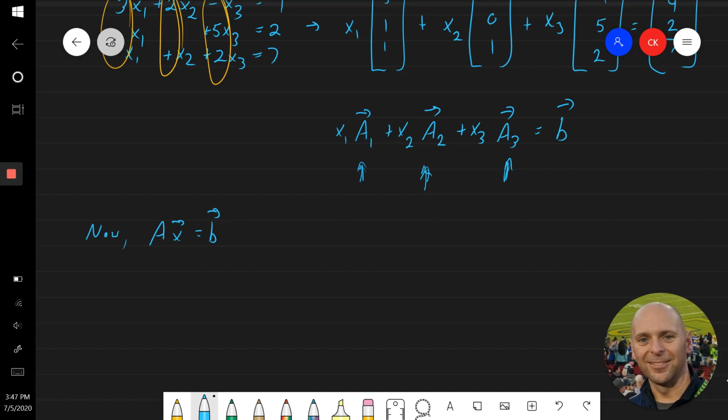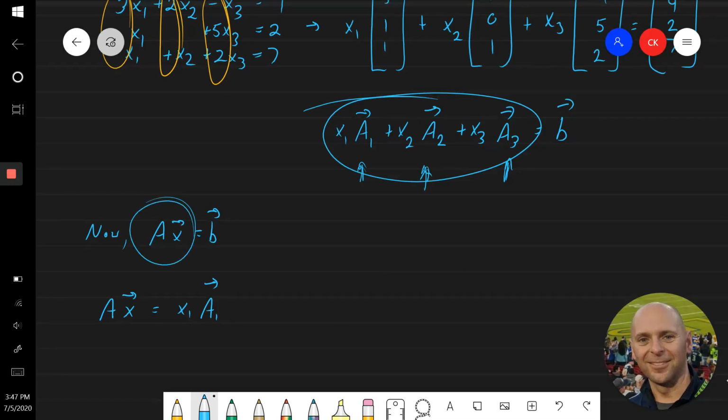So we can take A times x and say that this is equal to x1 times a sub 1. So just pulling together two different pieces here. We've got the new definition that we wrote out this way, plus our old concept of A times x, bringing those two things together.